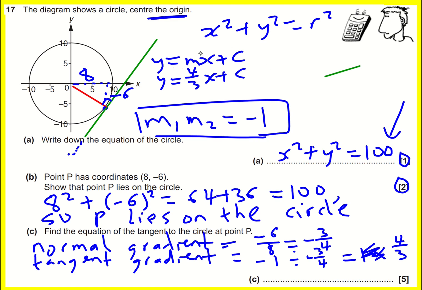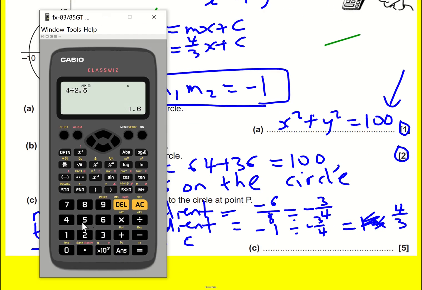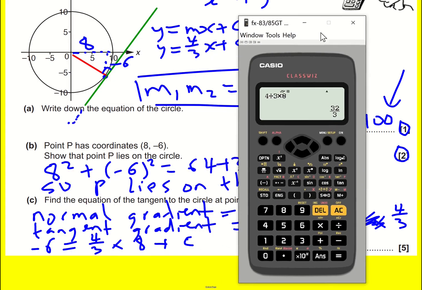Now I can again use the fact that it goes through (8, -6). So it must be that minus 6 is equal to 4 over 3 times 8 plus c. You know what, I expect this to come out a bit nicer than it is, so I'm going to need to work out what 4 over 3 times 8 is, 32 over 3.